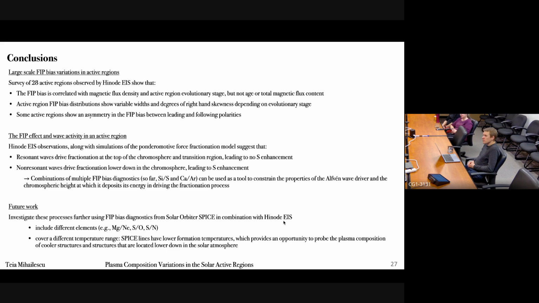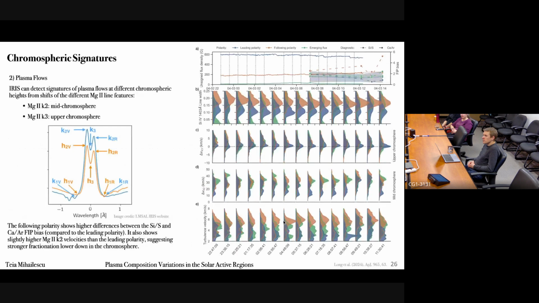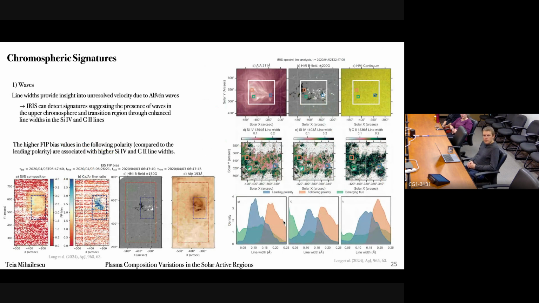Yeah, one example that I actually had a slide on is looking at chromospheric signatures of the ponderomotive force, or the fractionation process. So maybe I'll chat about it quickly. This study used IRIS data to look into chromospheric signatures.